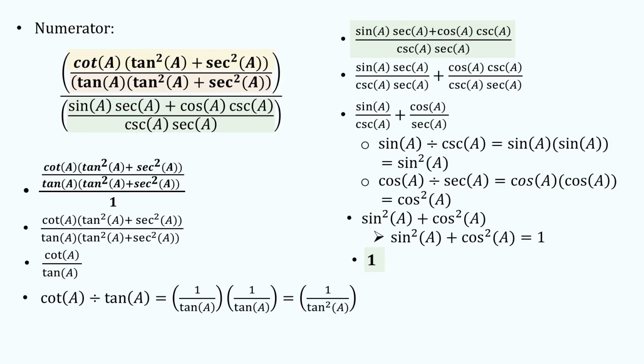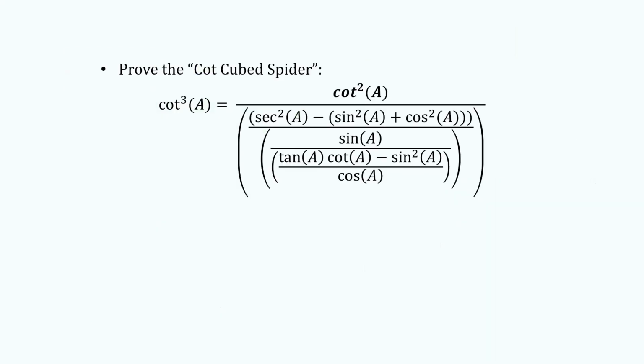Therefore, it will result in 1 over tangent of A is equal to 1 over the square of tangent of A, which is the square of the cotangent of A. We are now able to conclude that the numerator of our Cot Cubed Spider is the square of the cotangent of A. Now moving on to our denominator.